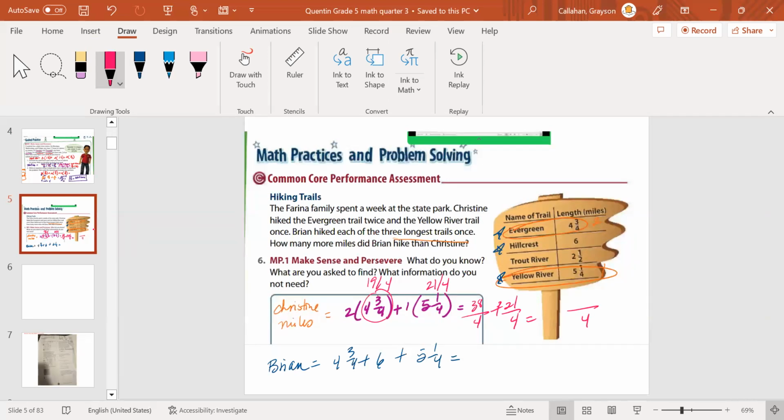How many miles did Christine walk? 10 miles. I'm sorry, what? 10. No. Go ahead and add it, please. You're adding them together. Just add it together for Christine.